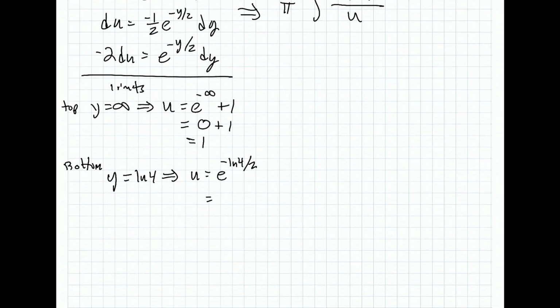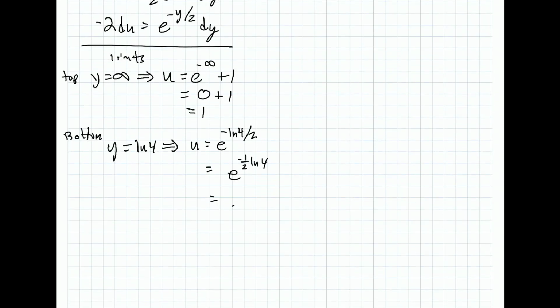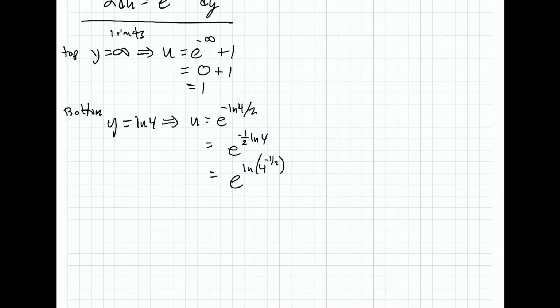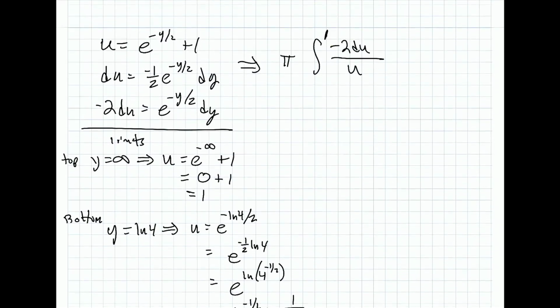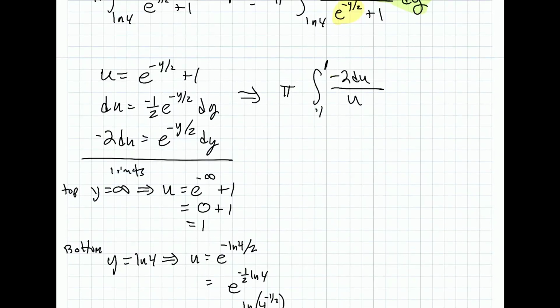That's a little bit harder to calculate, but you can do it this way. e to the negative 1/2 ln 4, e to the ln 4 to the negative 1/2 using log rules. Those cancel, so you get 4 to the negative 1/2. So that's 1 over 4 to the 1/2, which is 1 over the square root of 4, which is 1/2. So your bottom limit is 1/2.